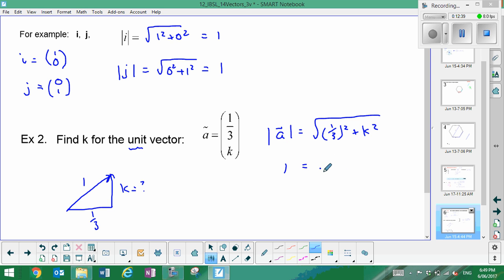So we've got the square root of 1/9 plus k squared. Squaring both sides, we get 1 equals 1/9 plus k squared. So k squared is going to be 1 minus 1/9, which is 8/9.